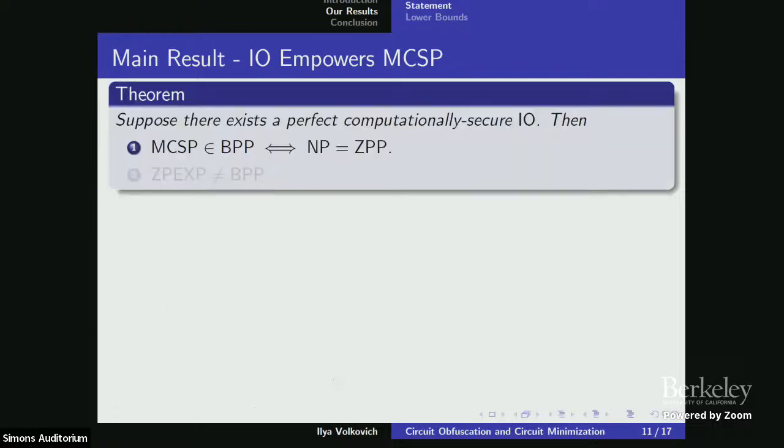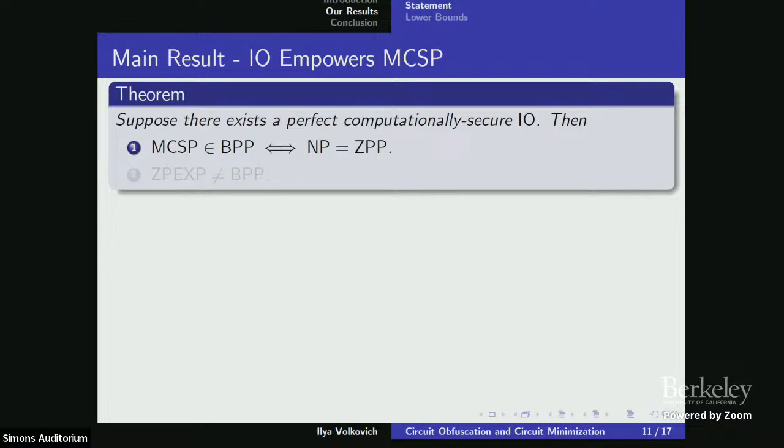Suppose now you have IO which is perfect and secure against uniform adversaries. You get a couple of things. One thing I find surprising, but Valentin decided it's worth mentioning, is the following: if you have such an IO and MCSP is in BPP, you get that NP is in ZPP.